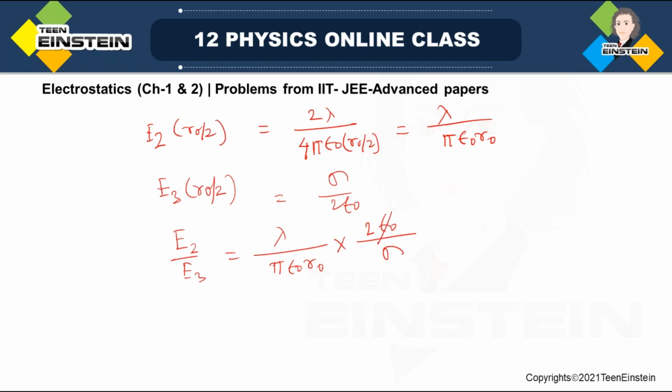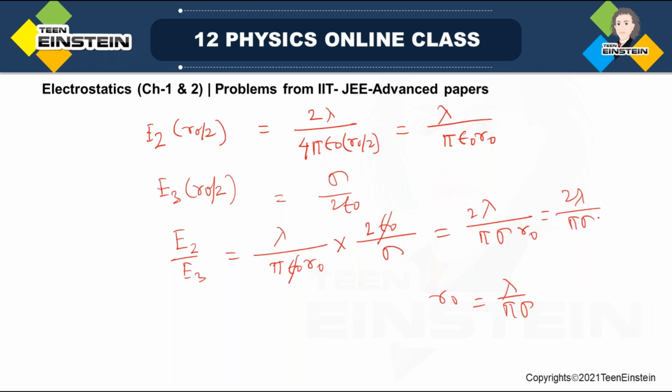I'll put the R0 value again: 2 lambda by pi sigma R naught. R naught is actually lambda by pi sigma, that is what we have found out.